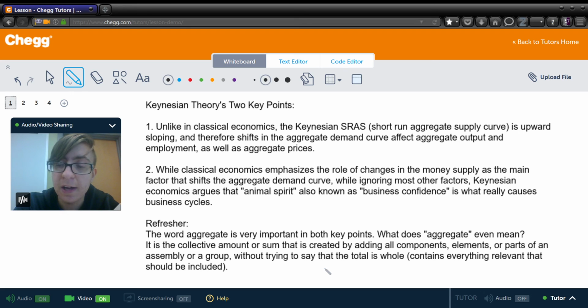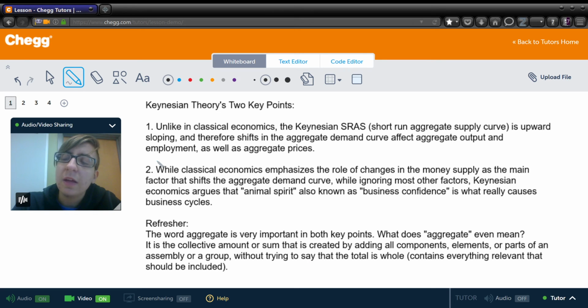Whenever you're making anything aggregate, especially in the real world, there's no way to ever include everything. So even when you calculate aggregate anything in the real world, there is something that is probably left out. Therefore, it is a simplification.